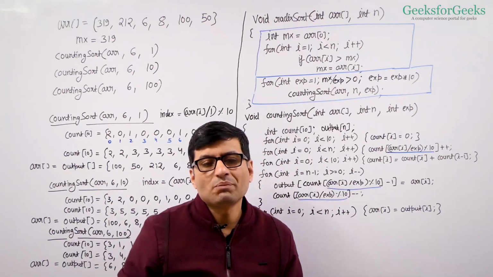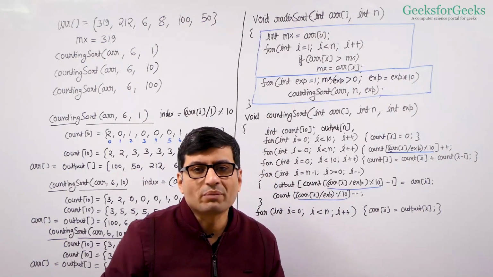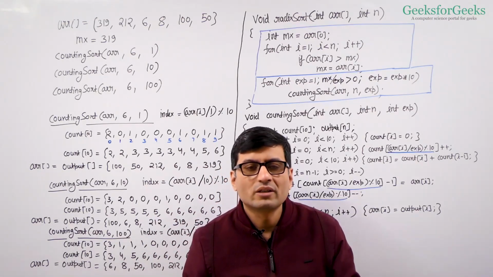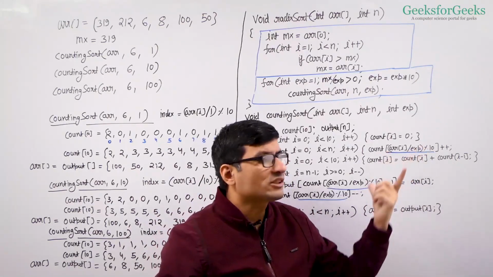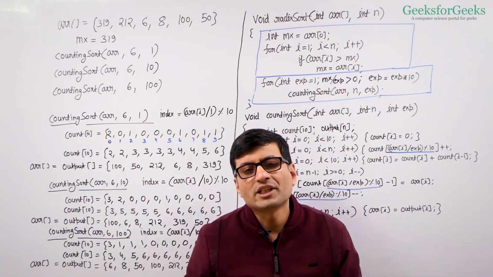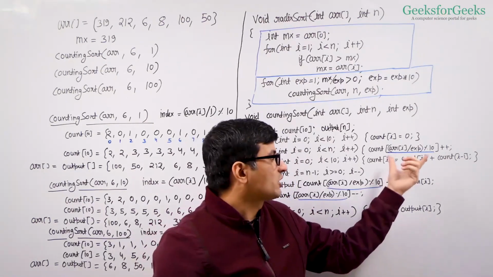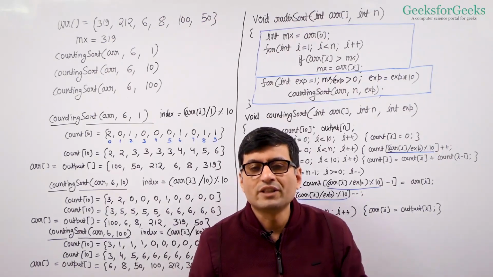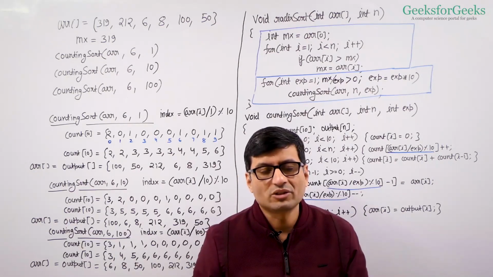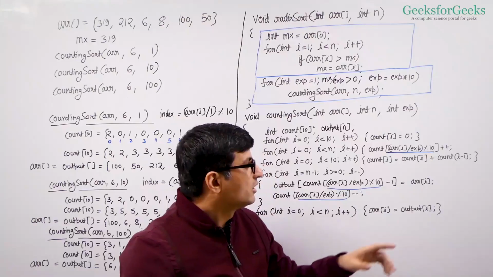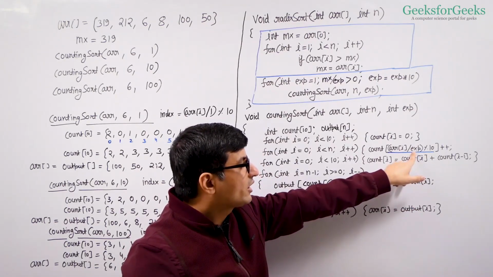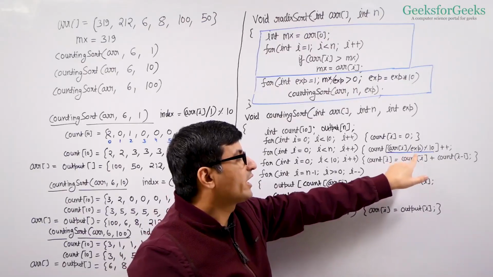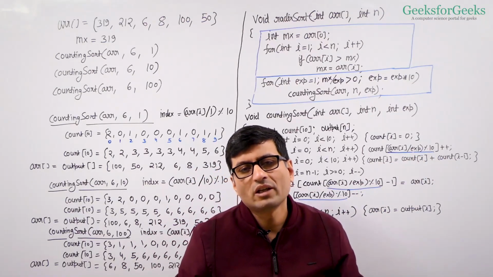Now if you do some mathematics using pen and paper, you can notice that if exp is 1, then this expression will give you the last digit of array[i]. If exp is 10, then this expression will give you the second last digit of array[i]. And if exp is 100, then the third last digit of array[i]. Let's see how. Say exp is 1, then what you will do? You will divide array[i] by 1, which means array[i] only, and array[i] modulo 10 gives you the last digit.